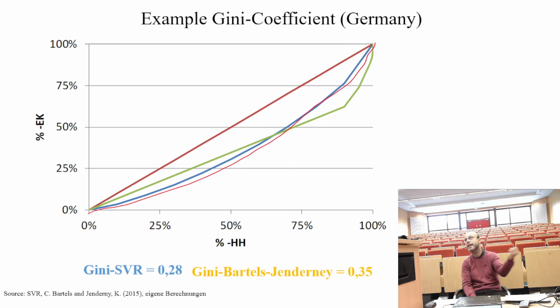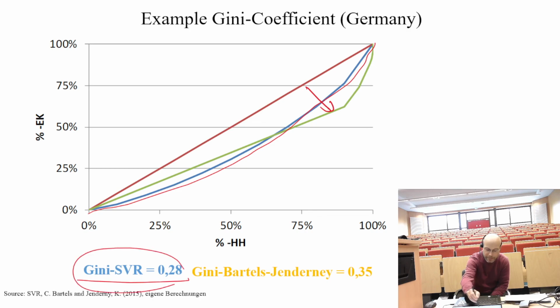And if you take these top richest people in Germany, then this Gini coefficient really moves outside. And if you then estimate the Gini coefficient for Germany, you come up from a number around 0.3 to a number of 0.35.